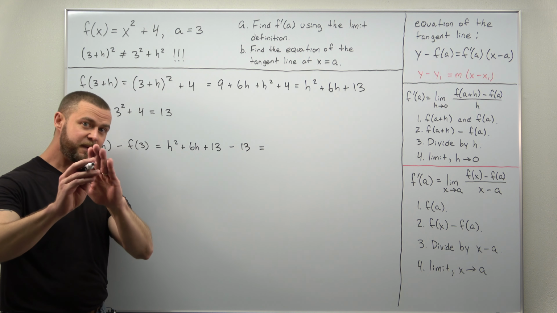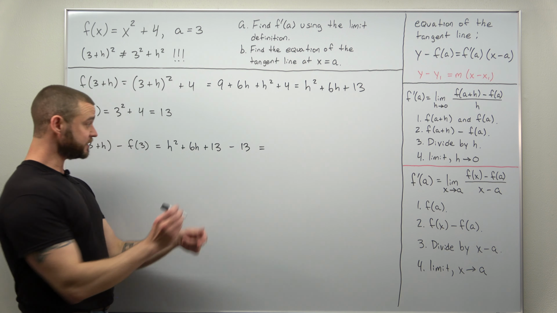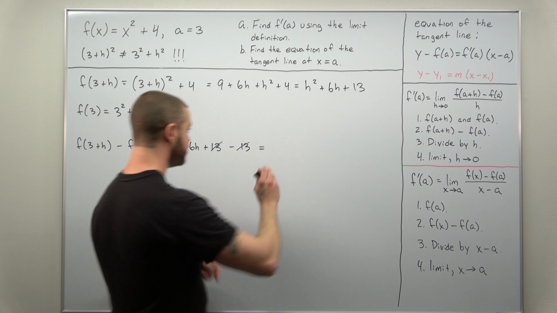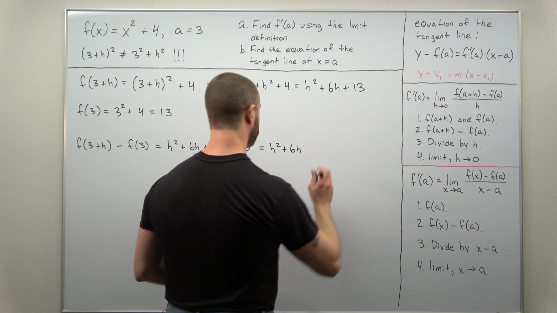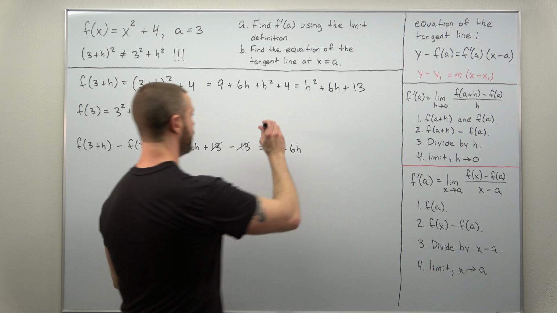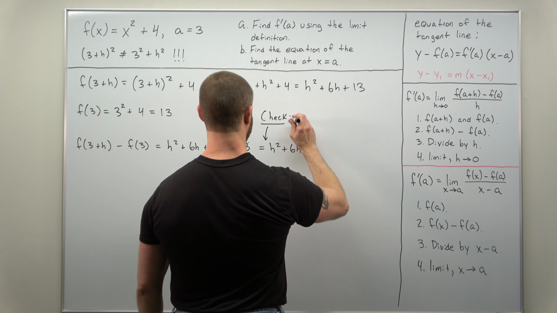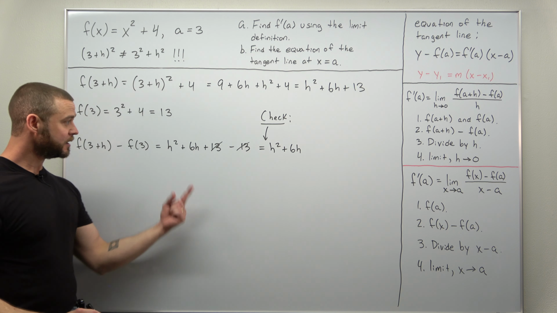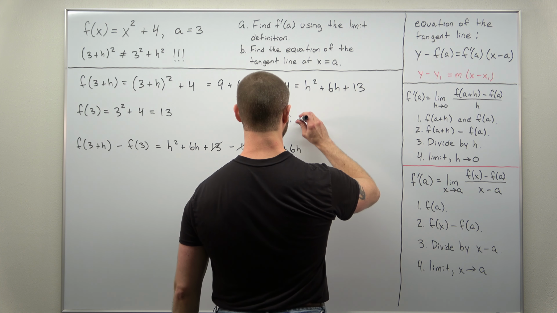All right, and again, there should be a lot of terms that cancel out here. For this one, it's just the 13s that we can cancel out. They'll combine to 0, and we're left with h squared plus 6h. Now there's a nice check that we'll mention here. Once you go through and calculate this difference, you should find all the terms that remain contain a factor of h.